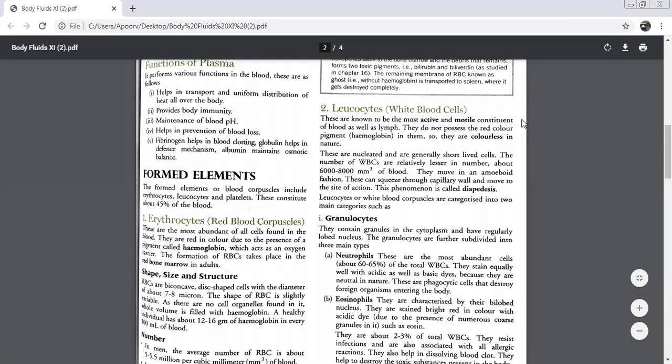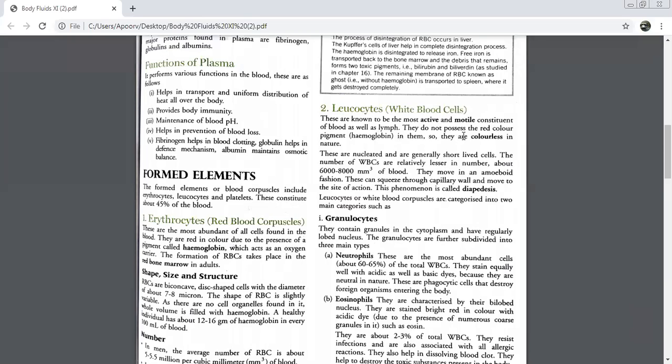Leukocytes are known to be the most active and motile constituents of blood as well as lymph. What is motile? Movable. Yes. And why are they white? Why are they not red?